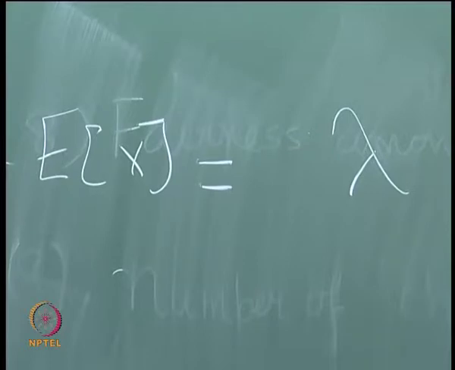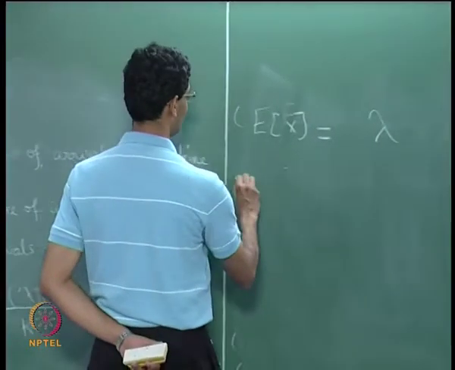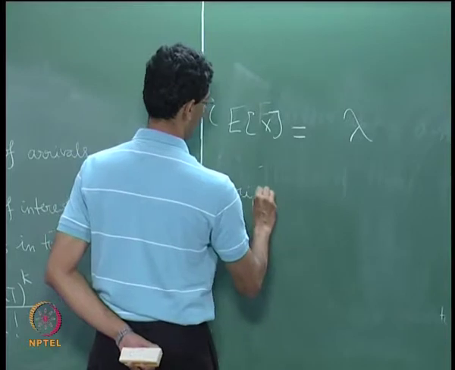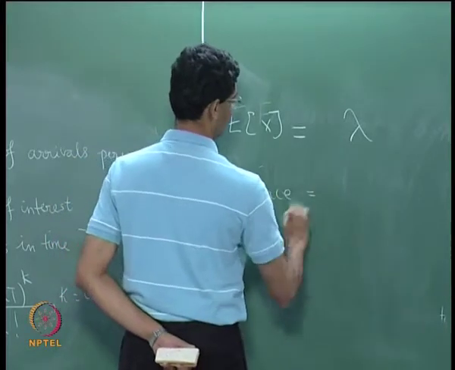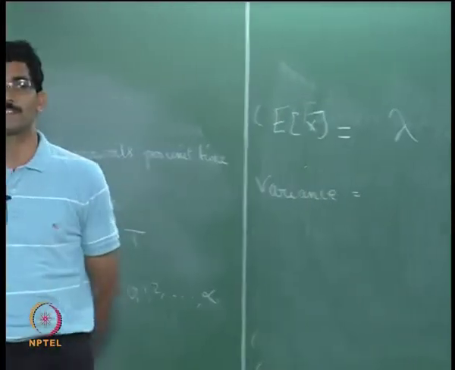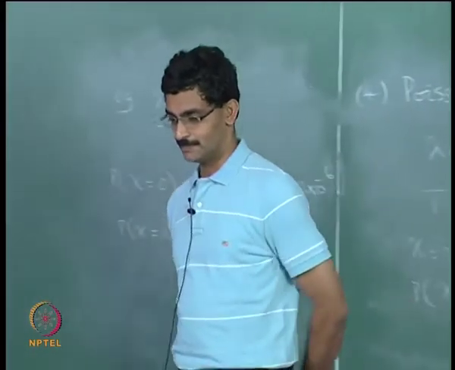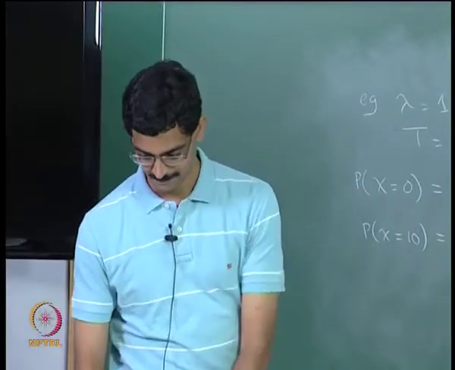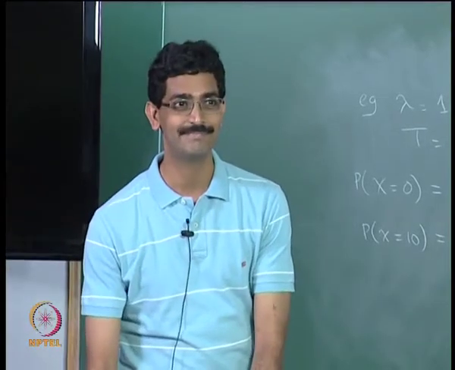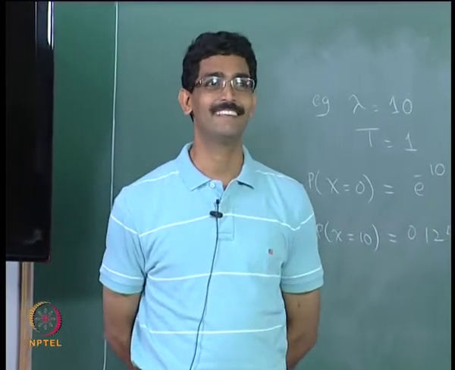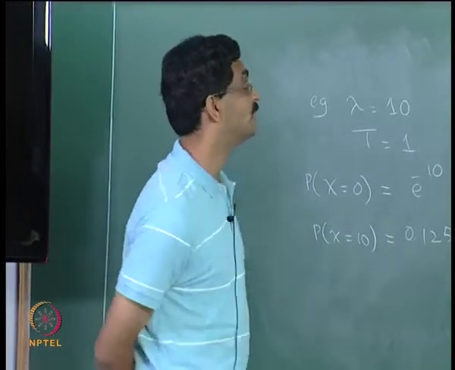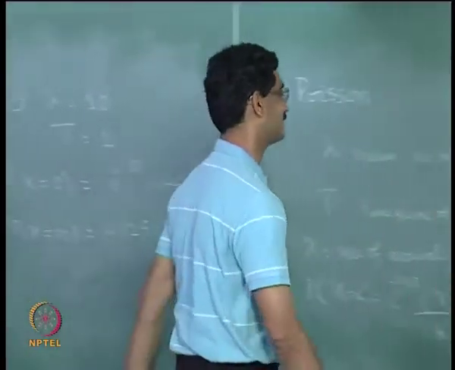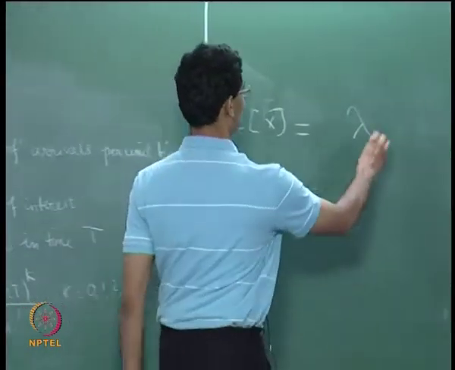So now the interesting thing is we would like to calculate the variance of the system. So what is the variance of the Poisson distribution?